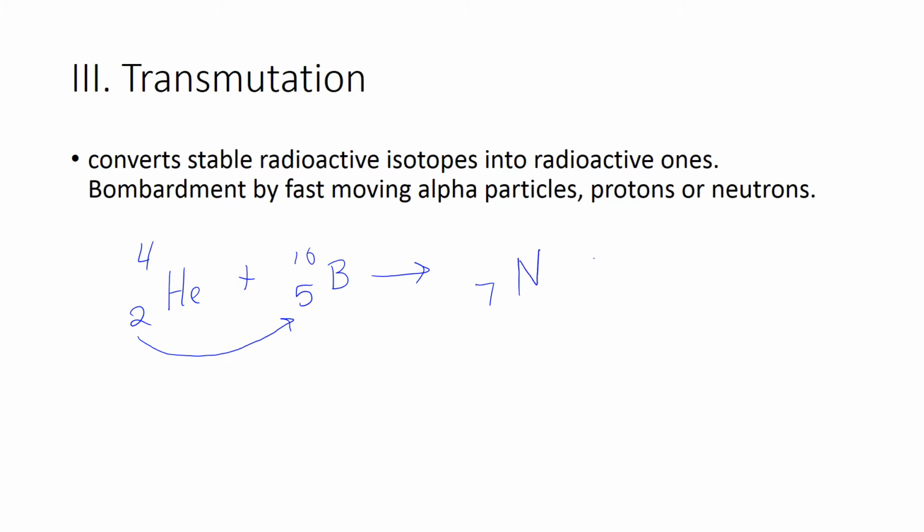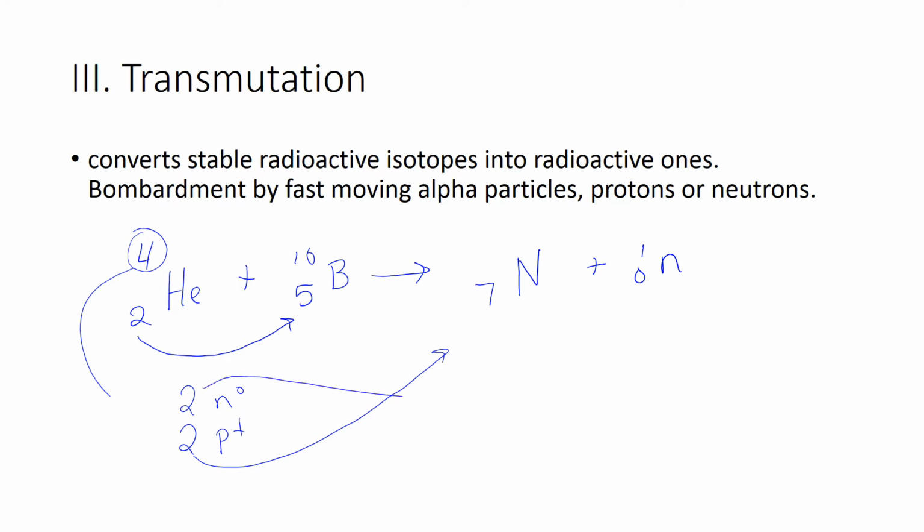Okay, and in the process, I'm also going to lose a neutron. Okay, so remember that this number is 2 neutrons and 2 protons. So I've already taken care of those 2 protons, but one of those neutrons is lost along the way.